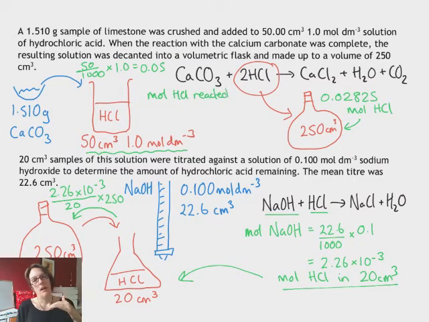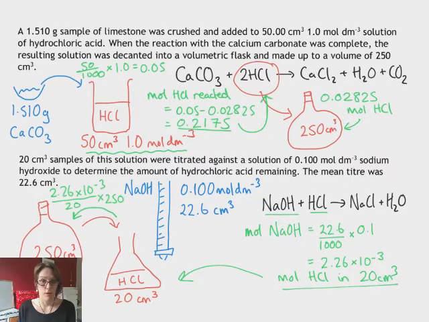And so now I can work out how much reacted in that equation with the calcium carbonate. So it's how many moles were in the beaker before, take away how many moles ended up in that 250 centimetre cubed volumetric flask. And that tells me that the amount of acid that reacted in the equation above with the calcium carbonate is 0.02175.